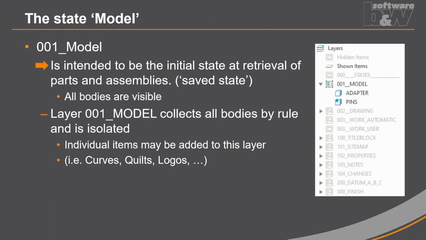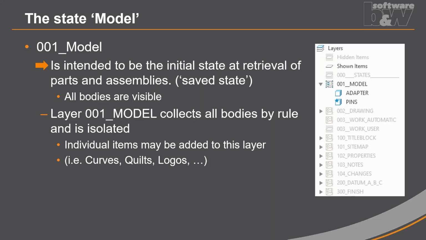Yeah, and with this, I started to create a few states. Well, my first state is called model, and it's intended to be the initial state at retrieval for parts and assemblies. And this is how you do this in the layer tree: if you say save status, then this status is the saved status that gets opened on retrieval.